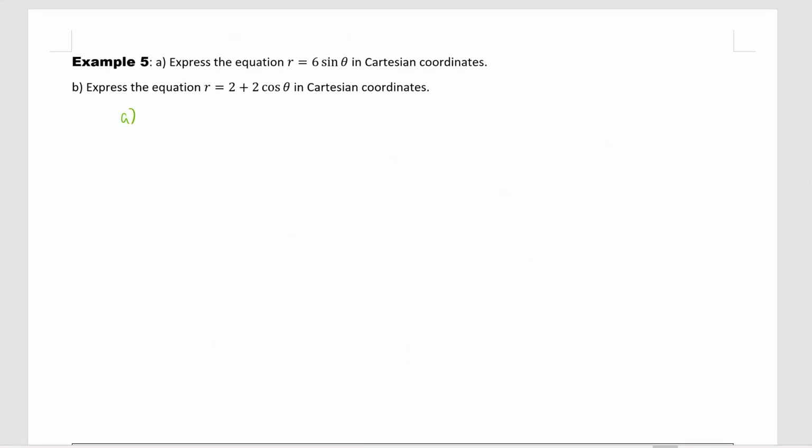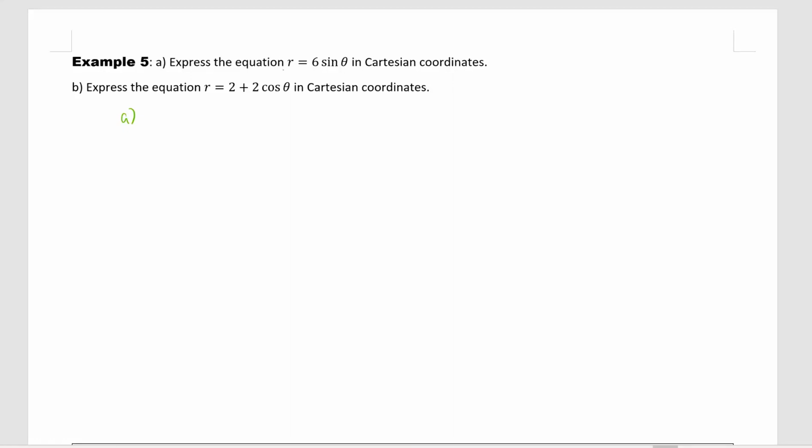So in the previous example, when you see x, you just replace x by r cosine theta. When you see y, just replace y by r sine theta, and then you can play with the algebra a little bit and simplify it. But here is actually more harder, okay? So when you see r, let's look at this guy.